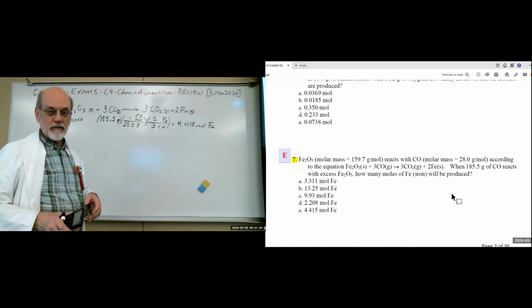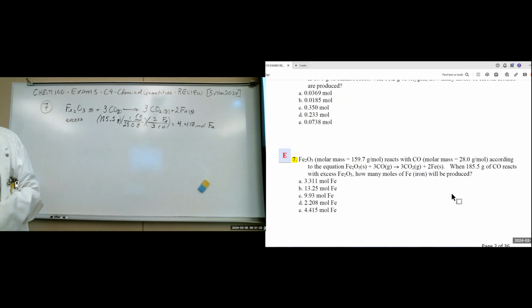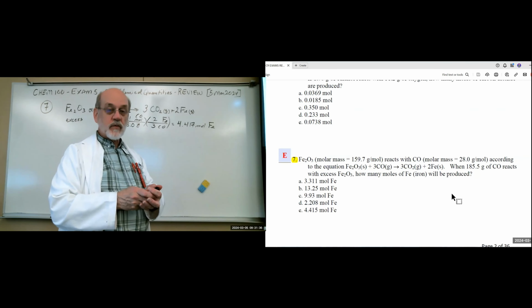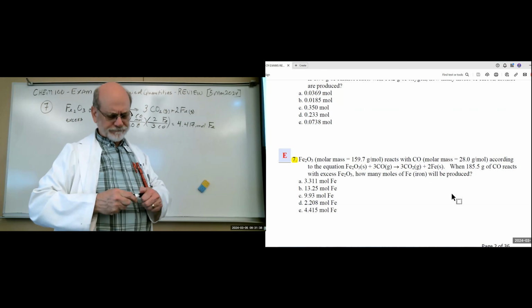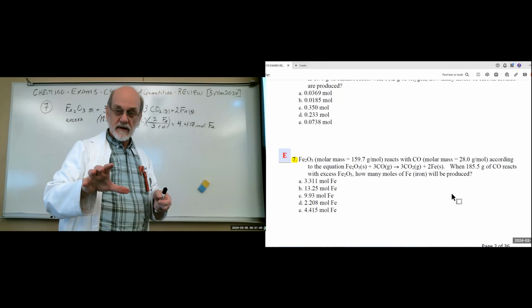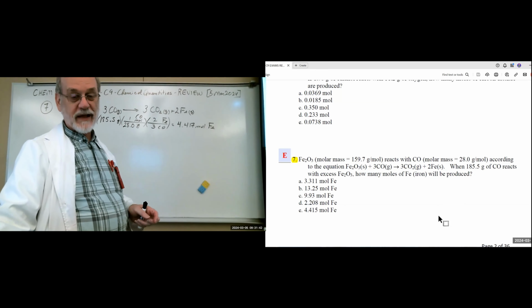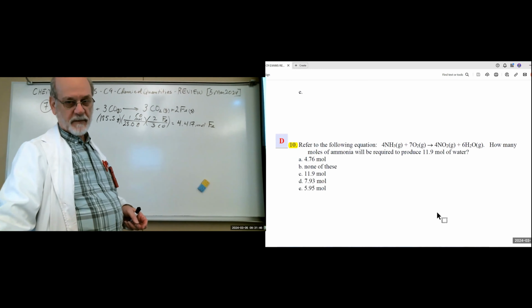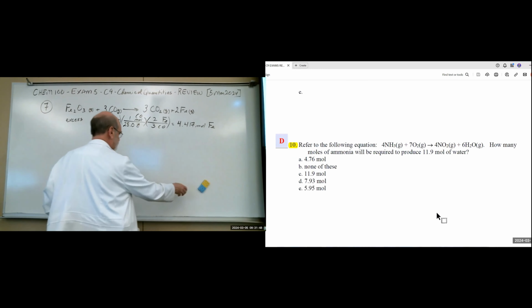Yep, I get 4.417. So the 4.415 is the closest one to it. And in multiple choice problem like this, pick the closest one, pick the best answer. Number 10.